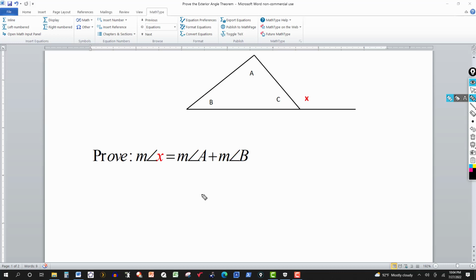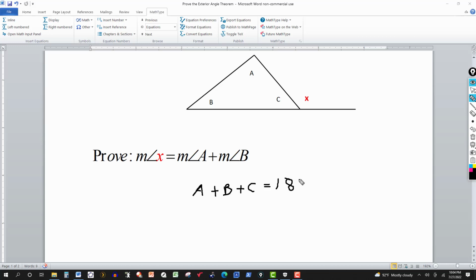So one thing we can do is this. I'm going to leave out the word measure and just say angle A plus angle B plus angle C. This is the measure of angle A plus the measure of angle B plus the measure of angle C is equal to 180 degrees.